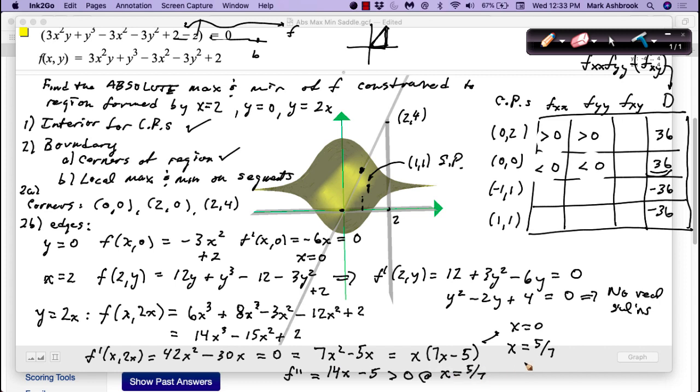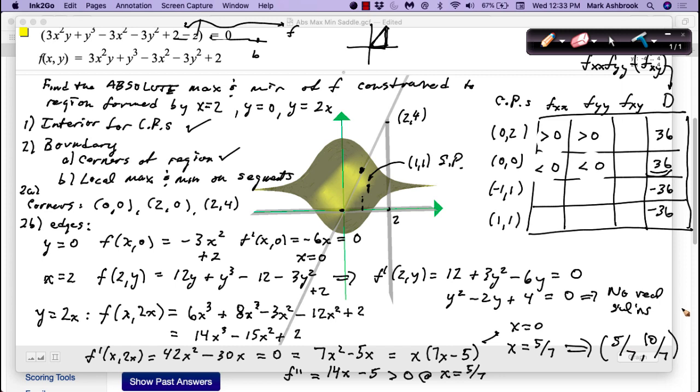What does that mean? If the second derivative is greater than 0, that means the rate of change is increasing, so it's a local minimum along that edge. There's a local minimum along that edge at 5/7, 10/7. So that becomes part of our list. We have the point 5/7, 10/7, part of our list of candidates for absolute max and absolute min.